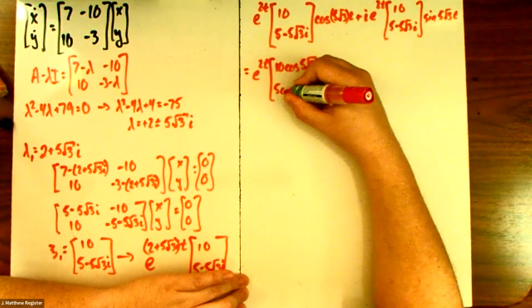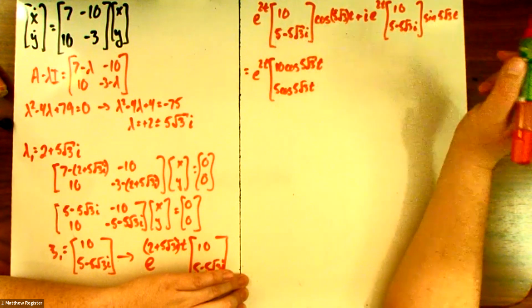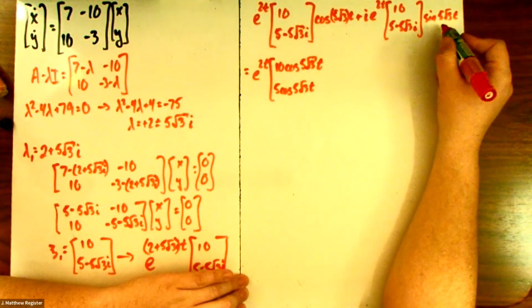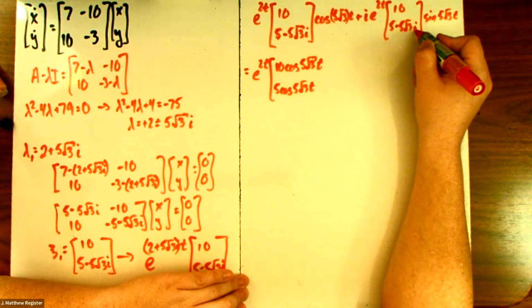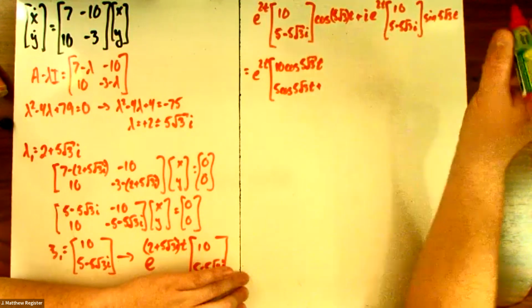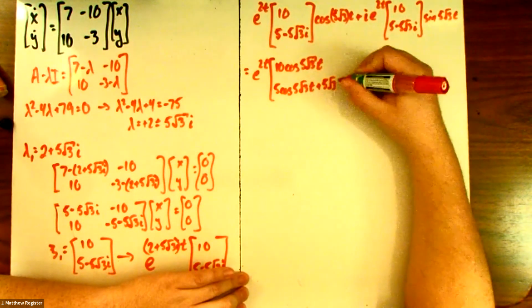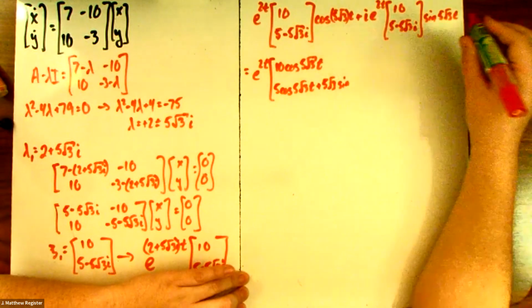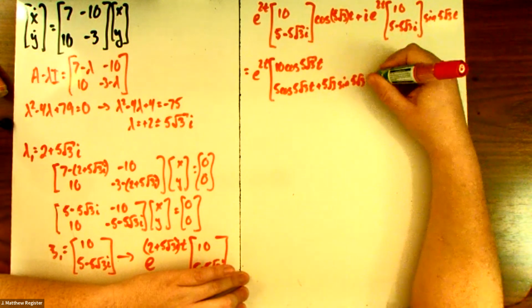So 5 cosine of 5 root 3 t. And then for this one, it will be the i times i is i squared. So negative and negative makes it a plus 5 root 3 sine of 5 root 3 t.